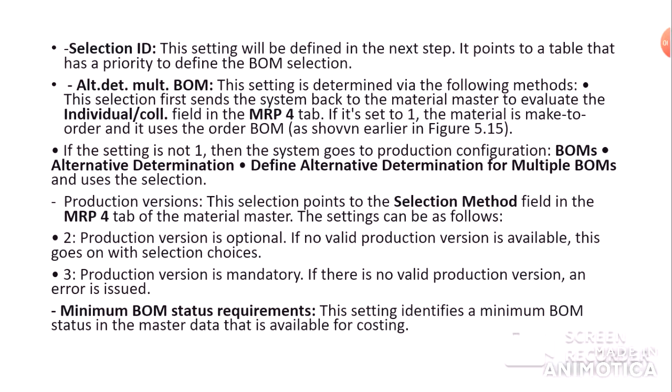If no valid production version is available, it goes on with selection choices. Production version is mandatory. If there is no valid production version, an error is issued. Minimum BOM status requirements. This setting identifies a minimum BOM status in the master data that is available for costing.